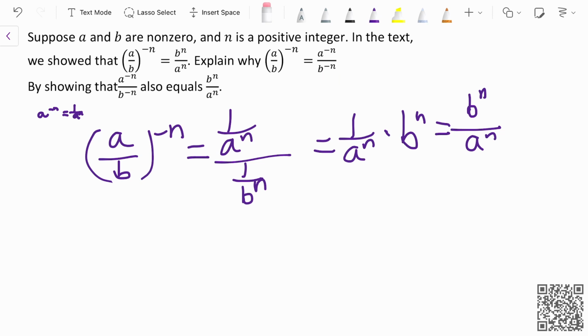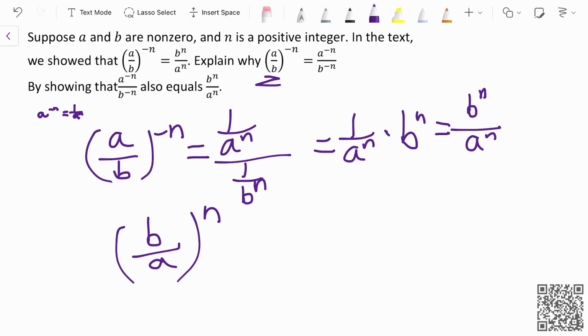If we begin solving a over b to the power of negative n, since as I said you swap the top and bottom, the numerator and denominator, this would be equivalent to b over a to the power of n.